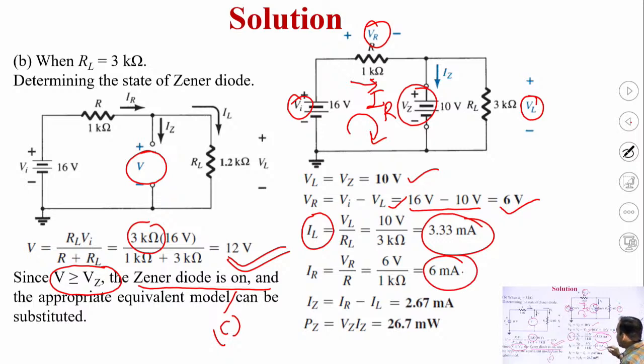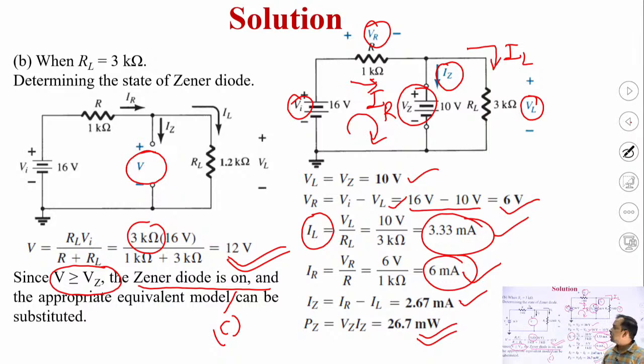Now we have IR and IL, so we can calculate the value of IZ. IZ equals IR minus IL, so IZ equals 2.67 milliampere. Once we have the Zener current, we can calculate the power dissipation through the Zener diode. PZ is VZ multiplied by IZ, which is 26.7 milliwatt.